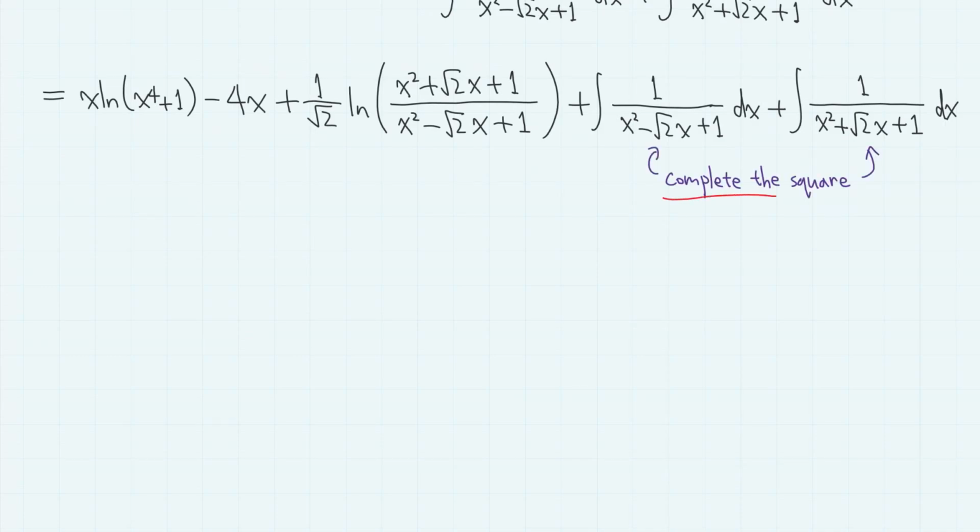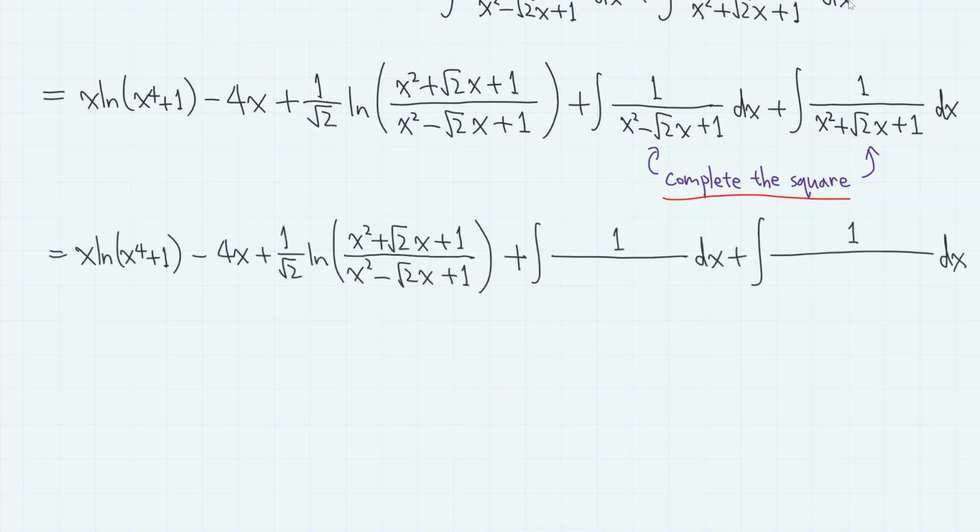Now let us complete the squares on these denominators to apply trigonometric substitution. Then this denominator can be written as x minus 1 over square root of 2 squared plus 1 over 2, and the next one is x plus 1 over square root of 2 squared plus 1 over 2.